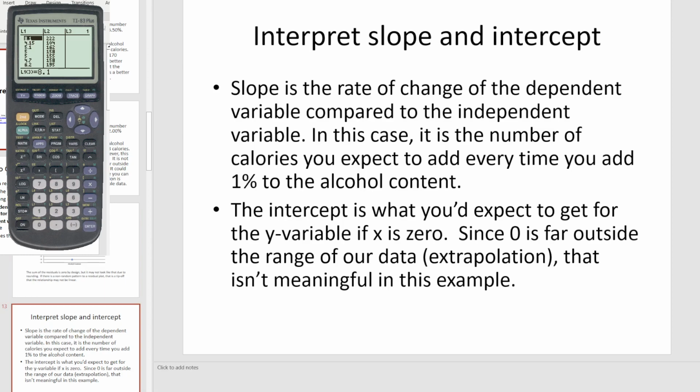Remember that the slope is the rate of change of the dependent variable compared to the independent variable. In this case, it's the number of calories that you expect to add every time you add 1% to the alcohol content. So we would say that the calories increase by 26.3 for every 1% increase in the alcohol content.